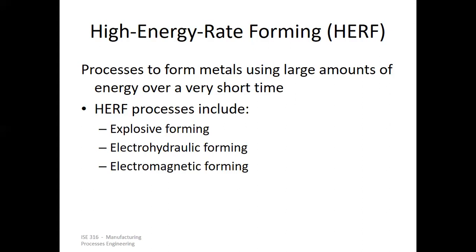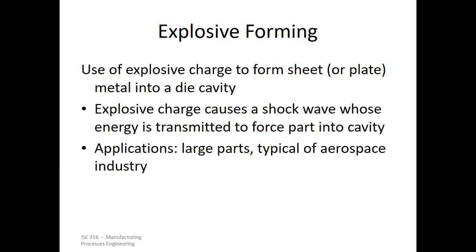Electrohydraulic forming uses the principles of electronics and hydraulics, so we are using some kind of fluid that is helpful for us to form that. In electromagnetic forming, you use the principles of electromagnetics, so that we can achieve that shaping or forming of the sheet metal. As for explosive forming, I told you, an explosive charge is used to form the sheet.